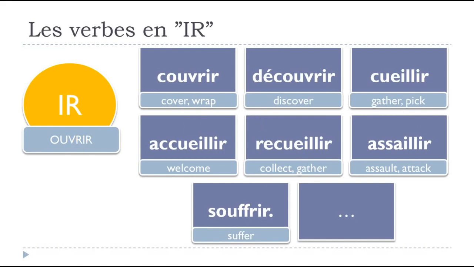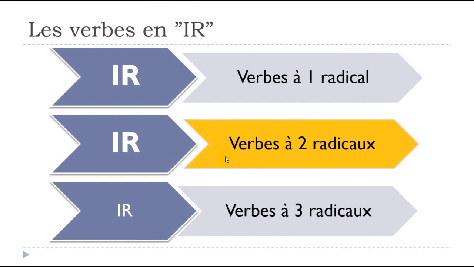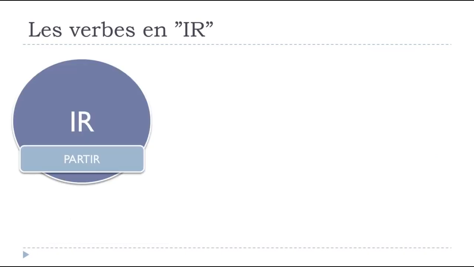Now let's see the second group, what we call les verbes à deux radicaux. We'll take partir. Partir is to leave. We use this verb quite often, so it's quite important to see how to conjugate that in the present.